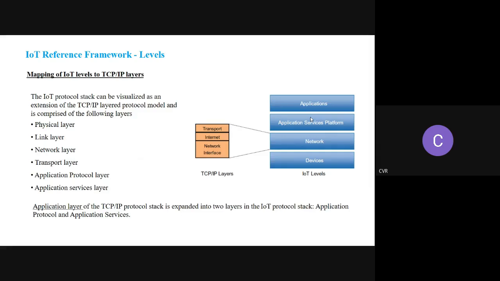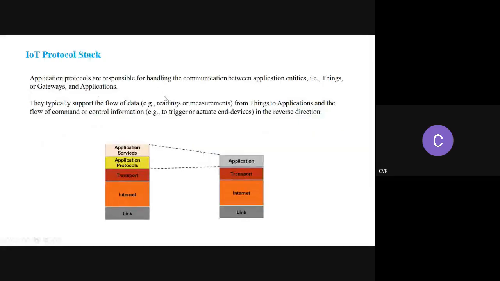The protocol layer's responsibility is handling the communication between things or gateways, etc. They will support reading or acquiring the data from things, and also controlling the data or triggering it and other things.